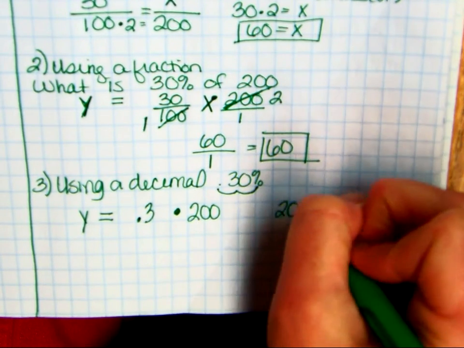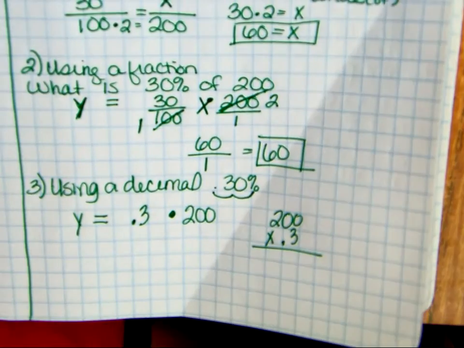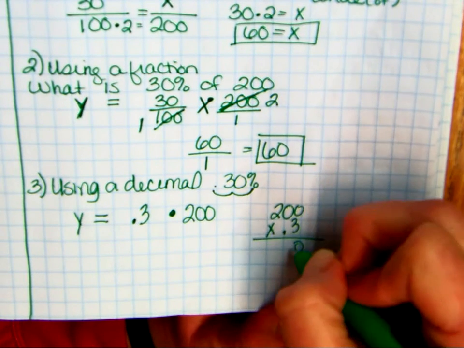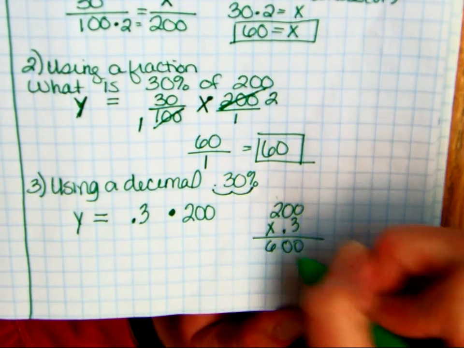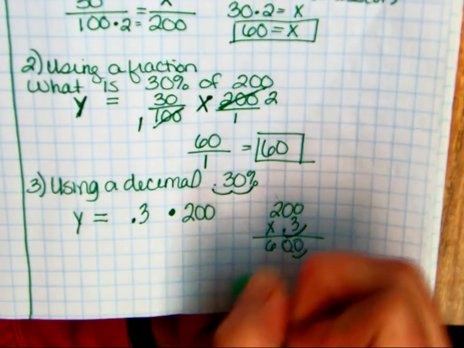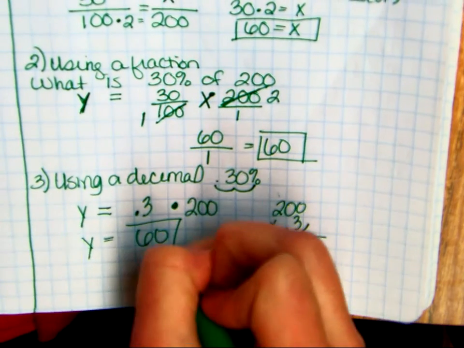So now we're going to multiply. I've got 200 times 3/10, and I'm going to do 0, 0, 6. I've got one decimal place out, got to count 1 in, so I end up with 60.